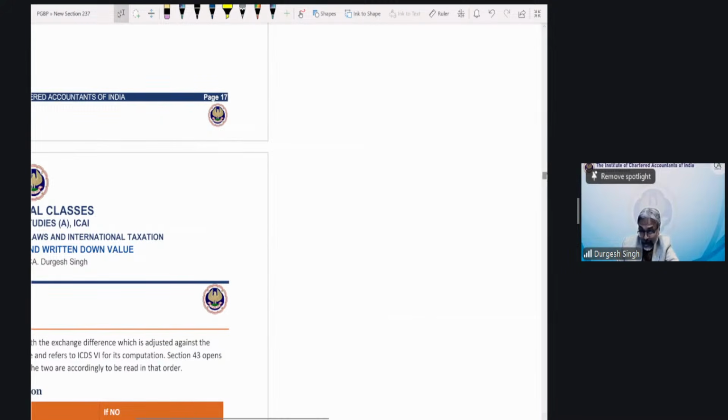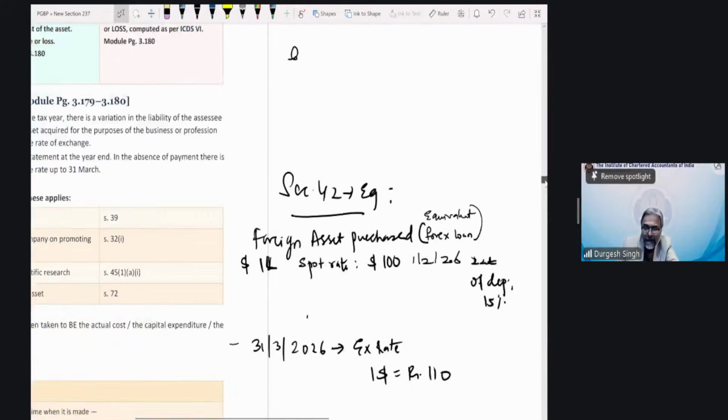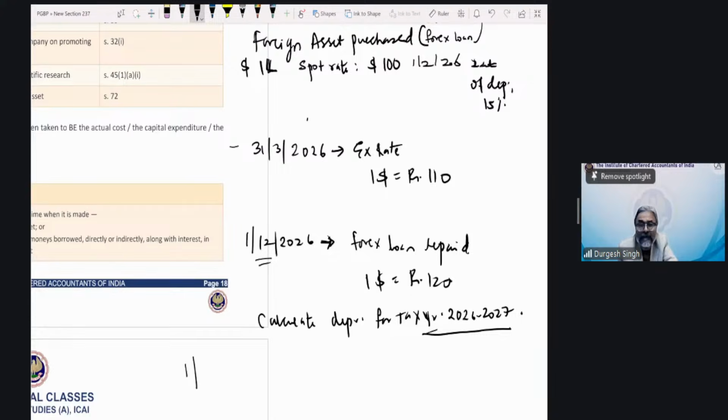The value at which it will enter into the block is dollar 100 per dollar, that is rupees 100. Considering that this is the only asset in the block, when no other information is given, that is what you need to assume. So on 1st of February 2026, additions at actual cost: 1 lakh dollar into 100, so 100 lakhs.